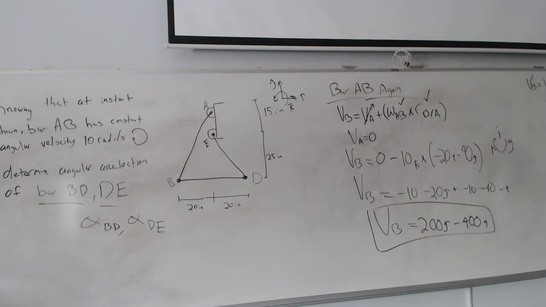velocity of D in terms of the angular velocity of bar DE. All right, so I'm going to jump back one more time, going back to bar BD. Everyone good if I erase this?